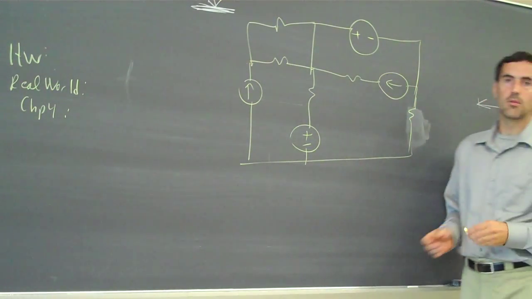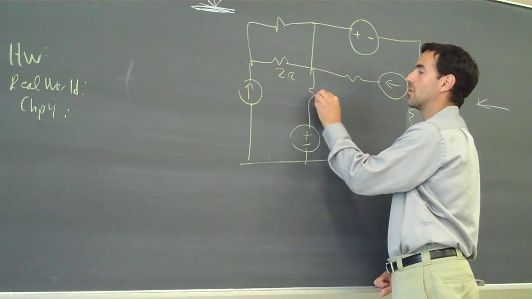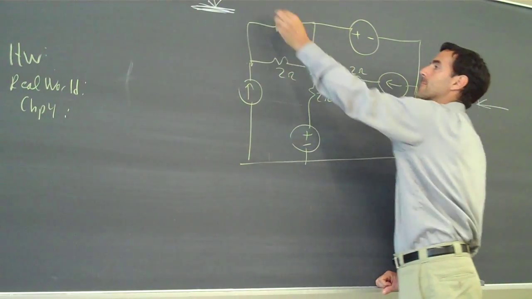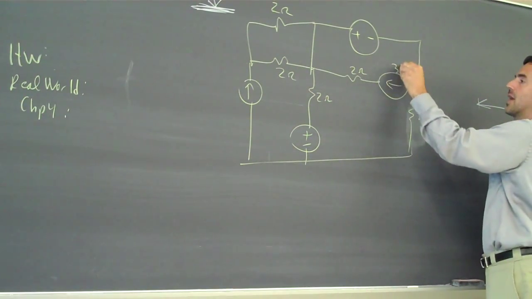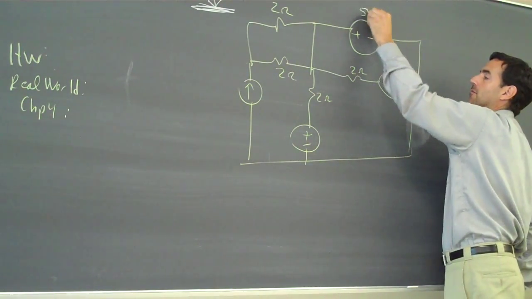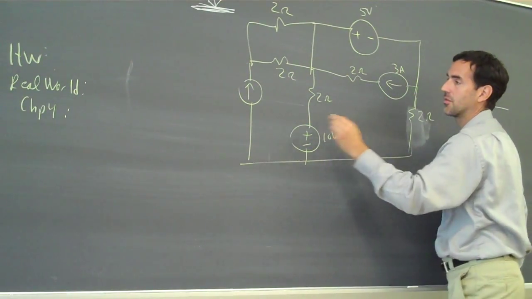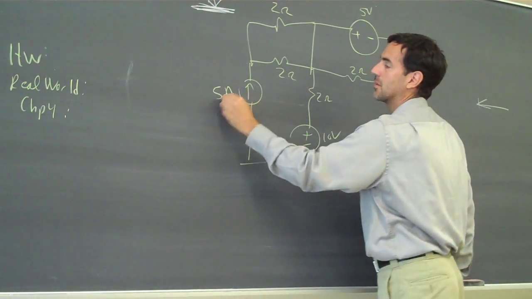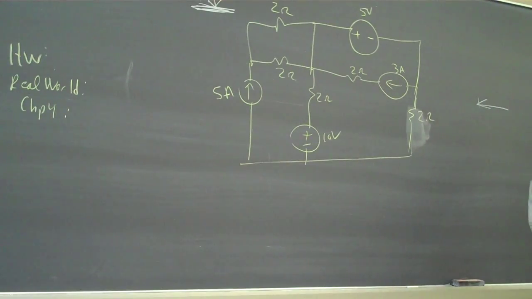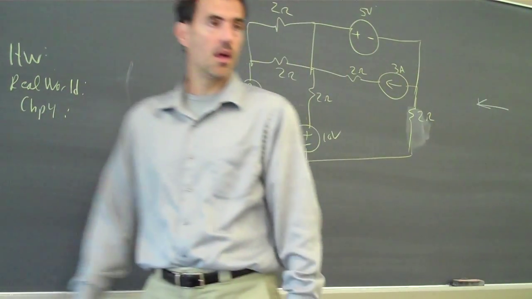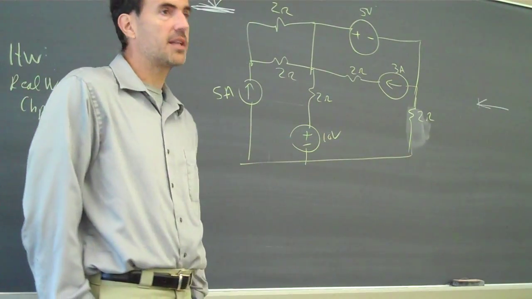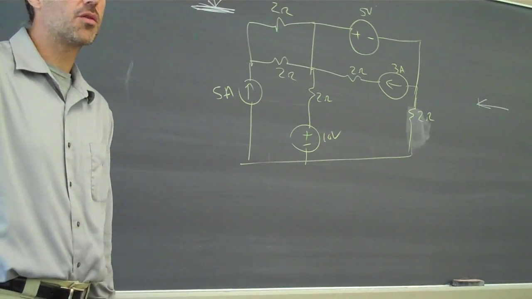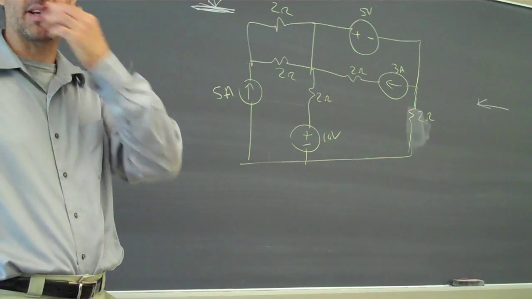And let's make all the resistor values 2 ohms. We've got 3 amps, 5 volts, 10 volts, and 5 amps. And I'd like to discuss this problem from a nodal analysis and a loop analysis perspective.